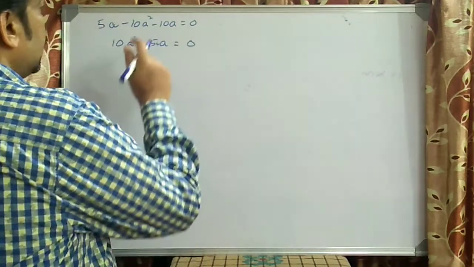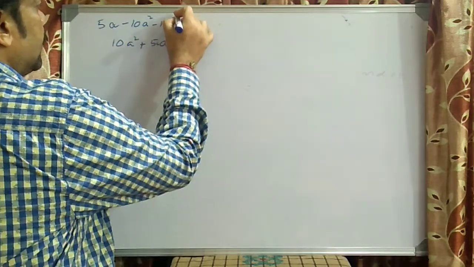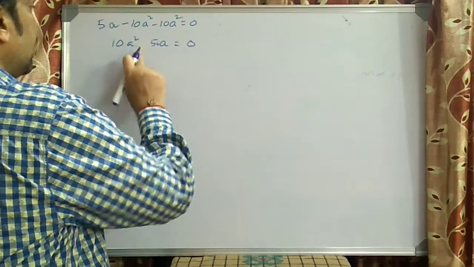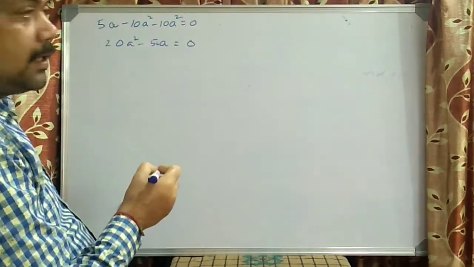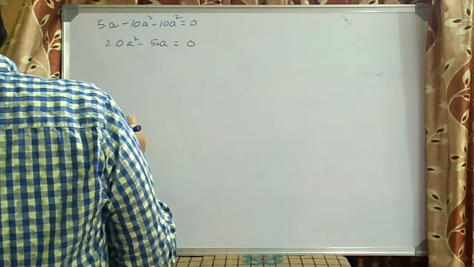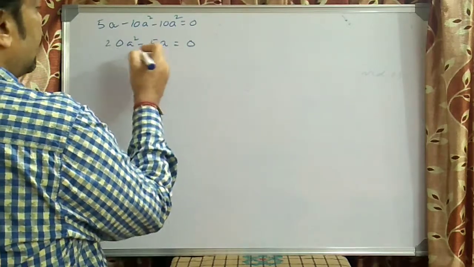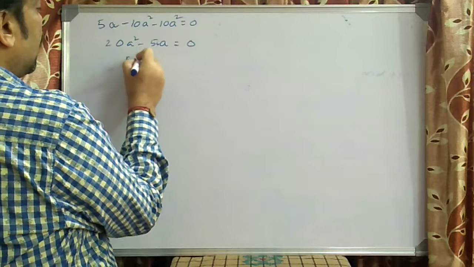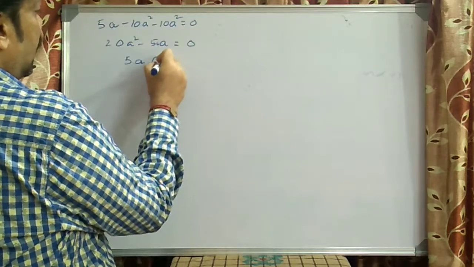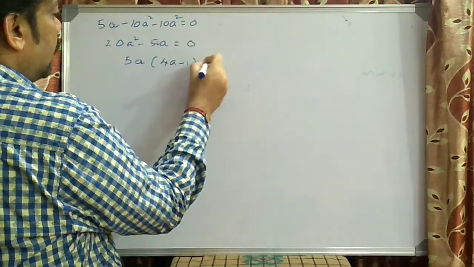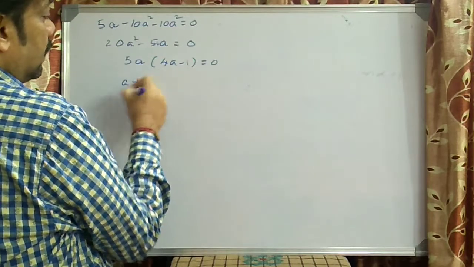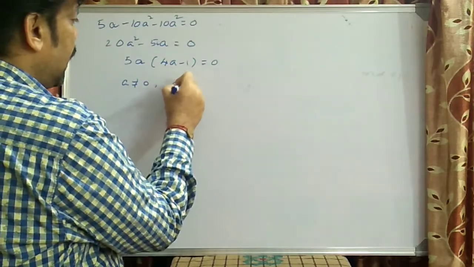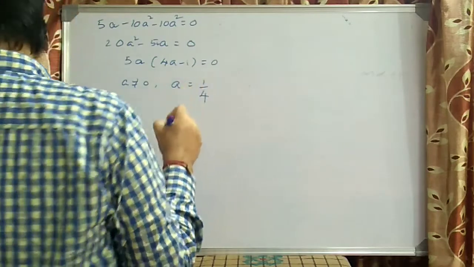Okay, now there is a clarification here. This is 10a square, so this becomes 20a square minus 5a is equal to 0. From this you can see, taking out common 5a, we have 4a minus 1 is equal to 0, as a is not equal to 0 in the given question. Therefore, a is equal to 1 by 4.